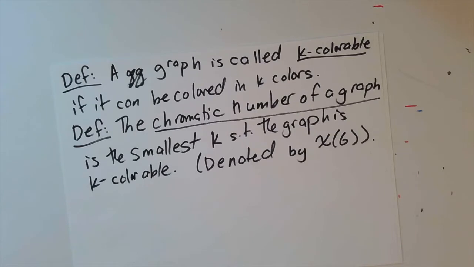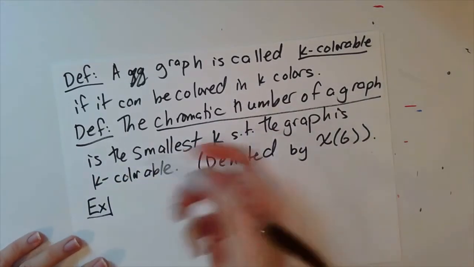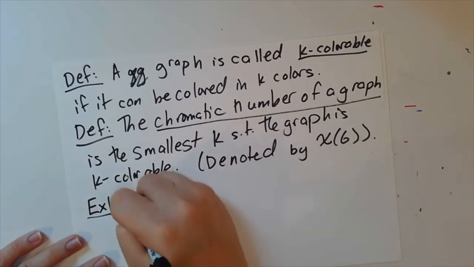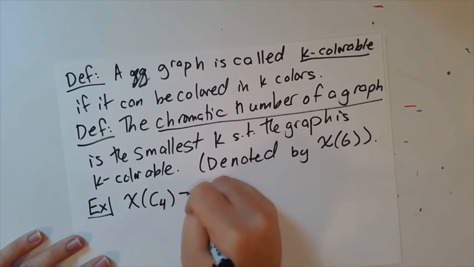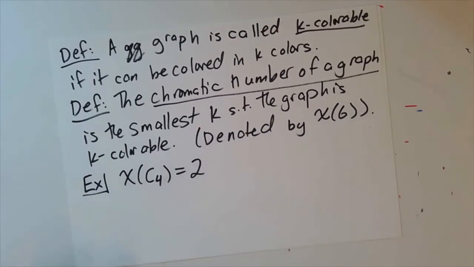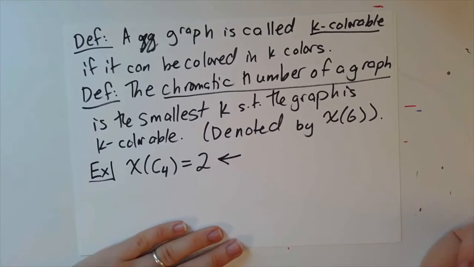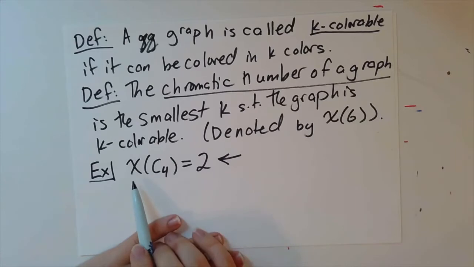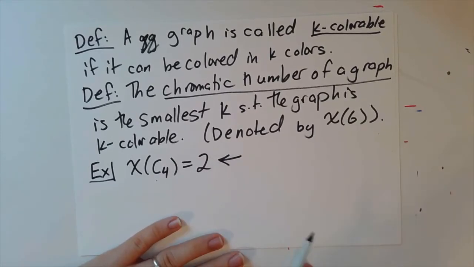Let me convince you that chi of the cyclic graph on 4 vertices is 2. Note, this is really claiming two things. Any proof that gives the exact chromatic number of a graph has two pieces.